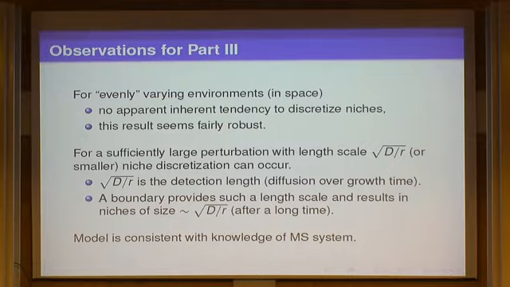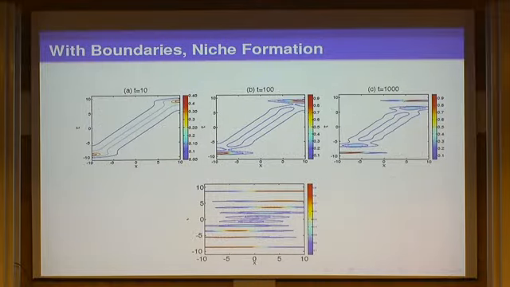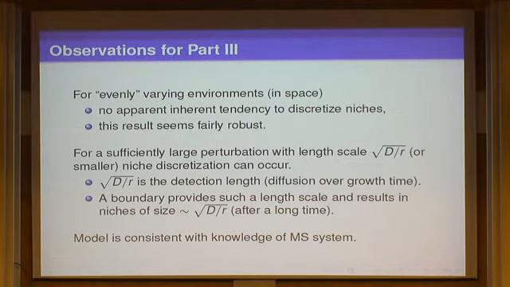I didn't say this in the previous slide, but the length between these various species is this number, square root of D over R, which is the length that something can diffuse before the reaction time, the response time, becomes important. So if you have variations in your environment on that length scale, and you always will, then you'll get discretization into species, and the length between species is basically on that scale as well.